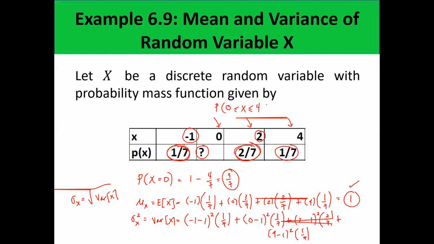So the probability is P of 0 plus P of 2 plus P of 4. P of 0 is 3 over 7, P of 2 is 2 over 7, and P of 4 is 1 over 7, and that sums up to 6 over 7.